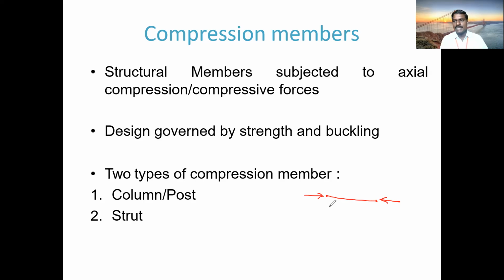If a member is there and we apply tensile force, then that member will elongate, meaning it will yield. So that is the example of a tension member.